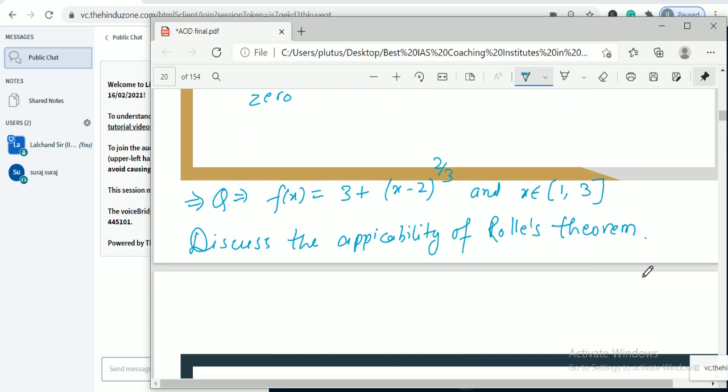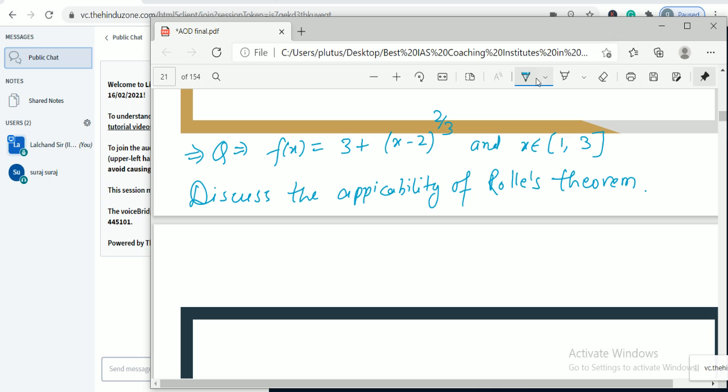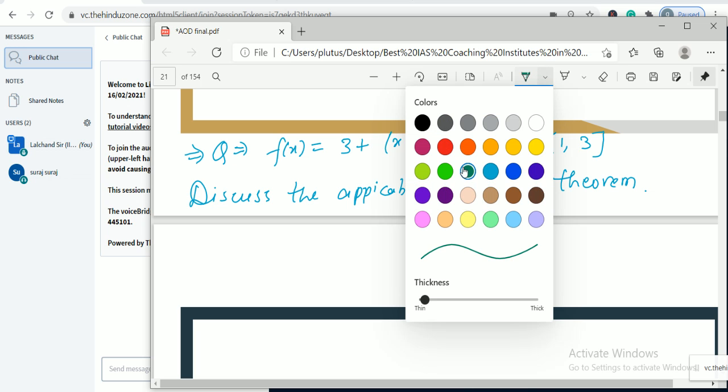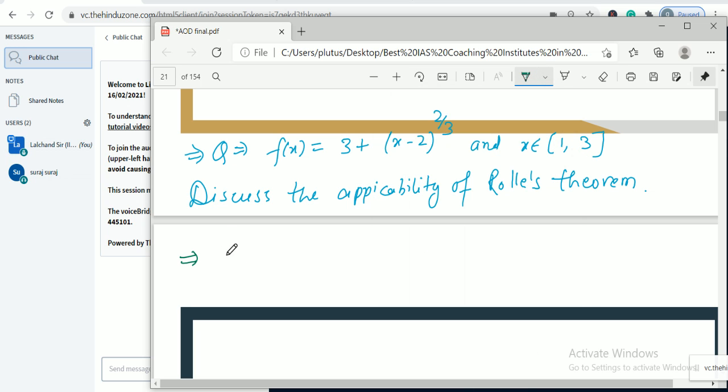Look, what is the first condition in Rolle's theorem? The function should be continuous in [a, b]. Is this a continuous function? Yes, the function is continuous for x belongs to [1, 3], the closed interval.